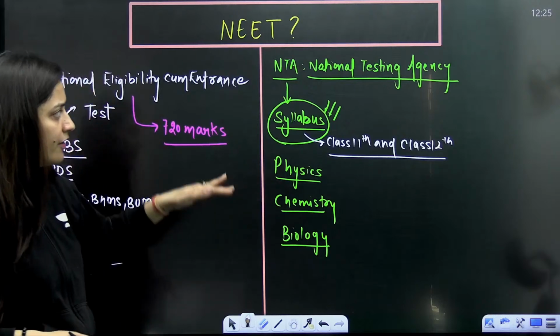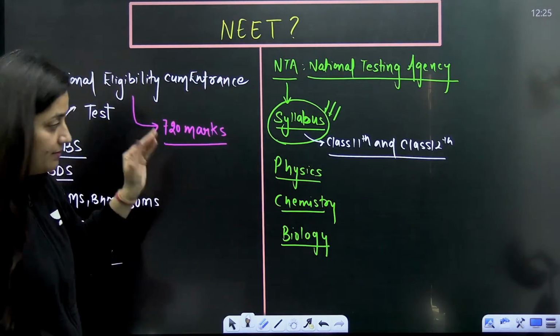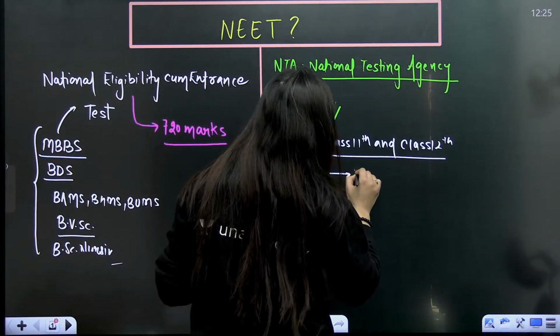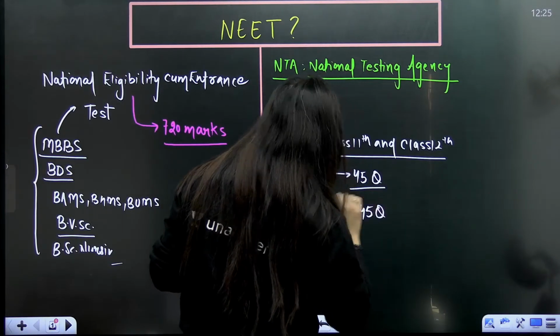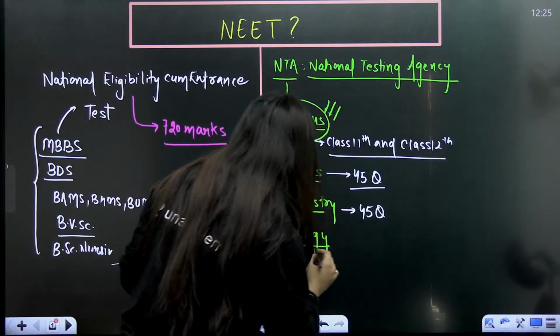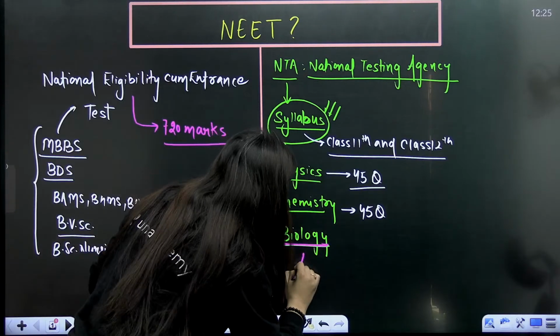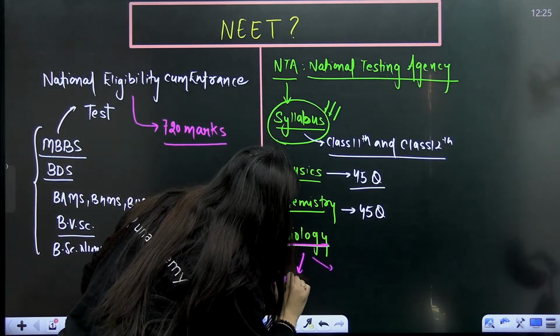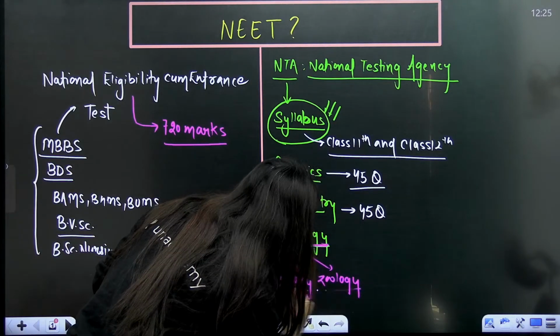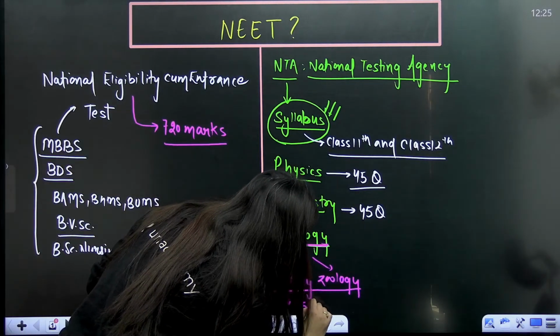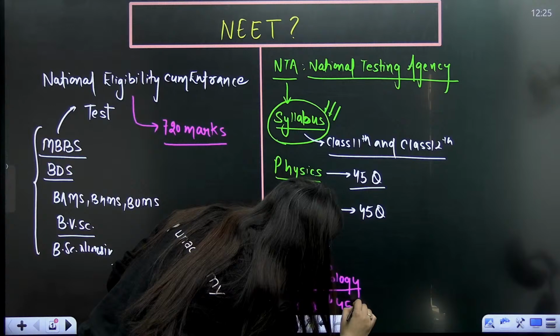So physics, chemistry, biology, as I said. So there is a syllabus. Now, when you talk about physics, you will get 45 questions from physics, 45 questions from chemistry. And students, when we talk about biology, we have two parts here: botany and zoology. 45 questions from botany, 45 questions from zoology.